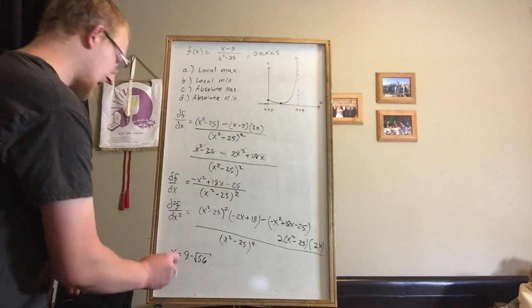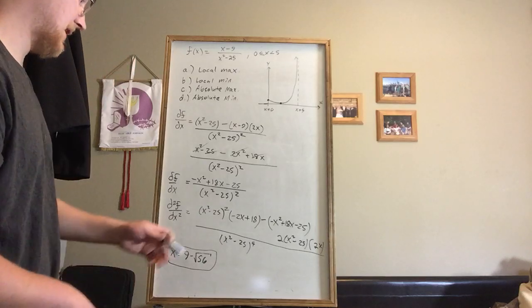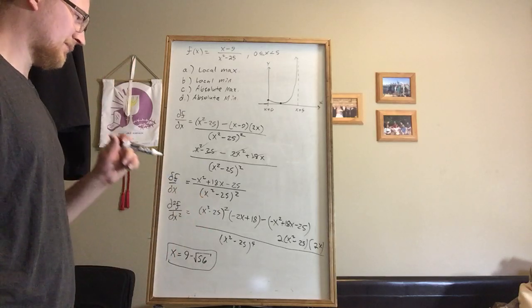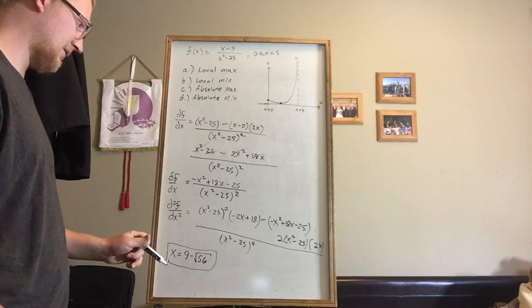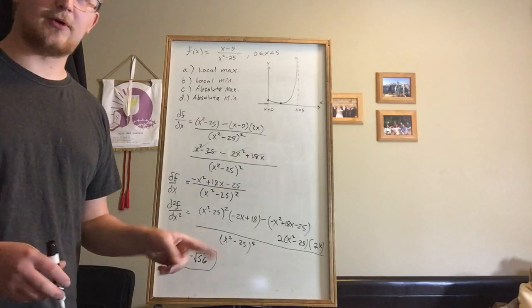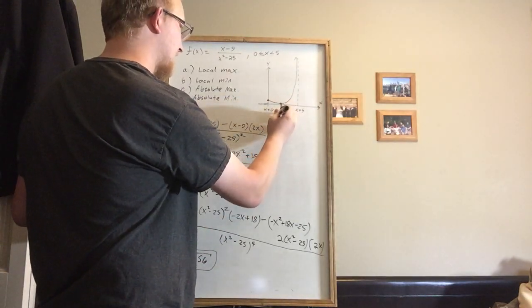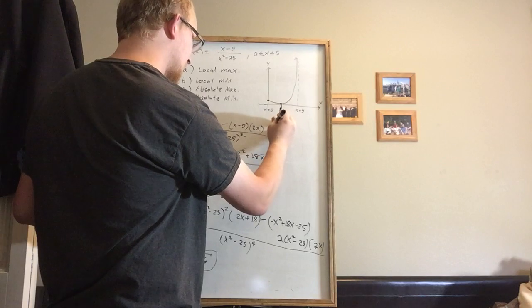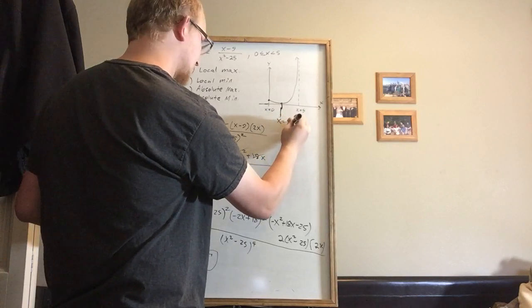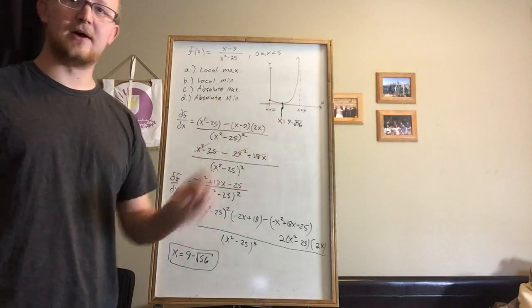And so let's start by checking this point right here, and go ahead and plug it in here. And honestly, that is just going to be a whole lot of math. So I'm going to have you take my word for it, because if you graph this, you'll notice that this value right here is x equals 9 minus root 56, and it is indeed a local minima.